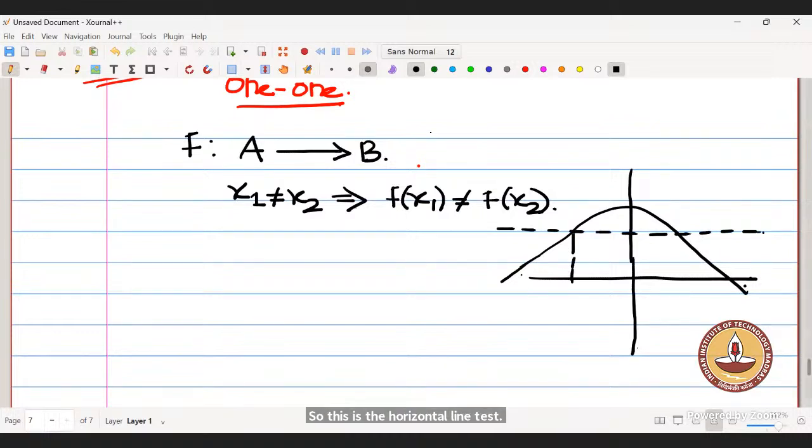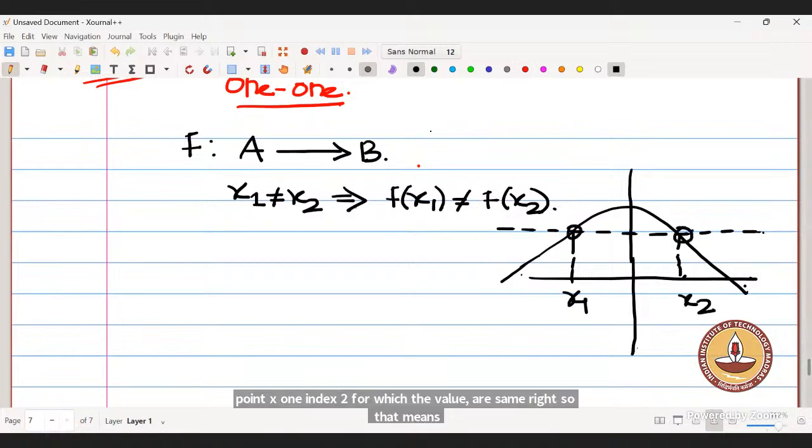If a horizontal line crosses the graph at 2 points, this basically means that you have 2 points x1 and x2 for which the values are the same. So that means this function is not 1-1.